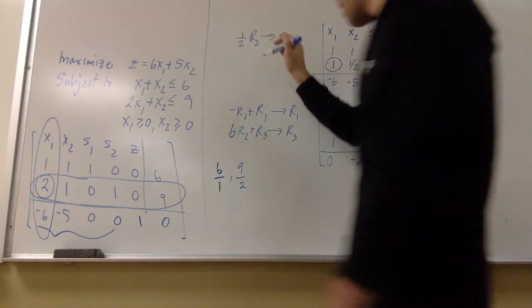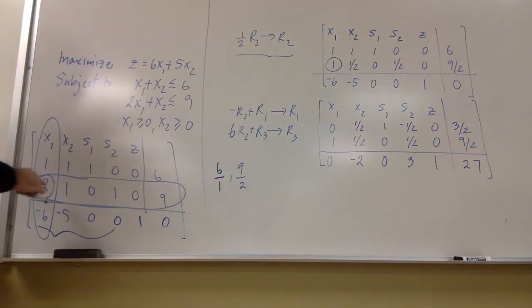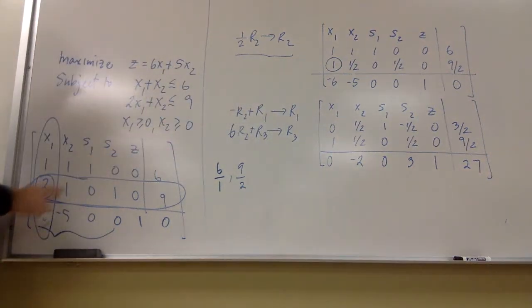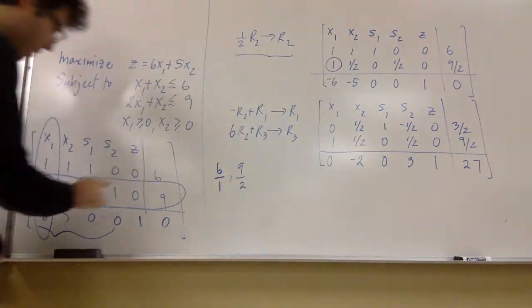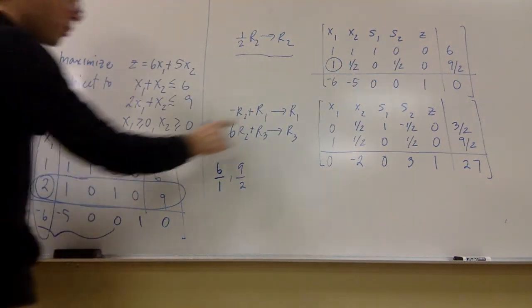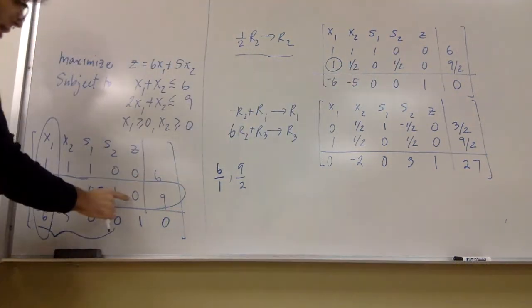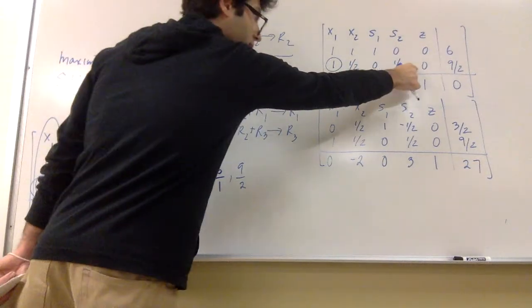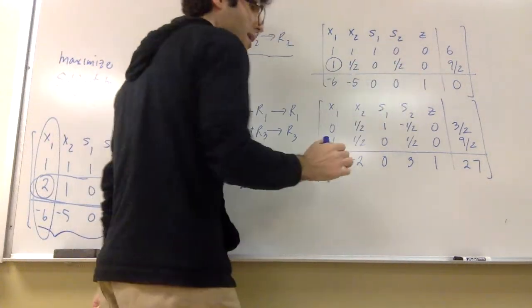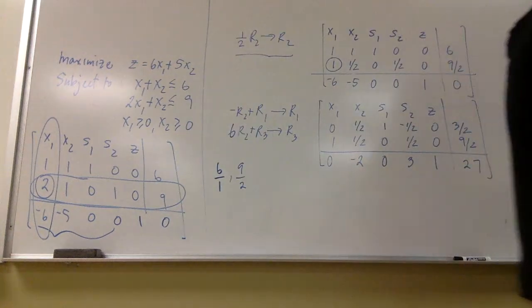And if we do this operation, we take 2 over 2, we get 1. 1 over 2, we get 1 half. 0 over 2, we get 0. 1 over 2, we get 1 half. 0 over 2, we get 0. And 9 over 2, we get 9 halves. And this gives us a new tableau.